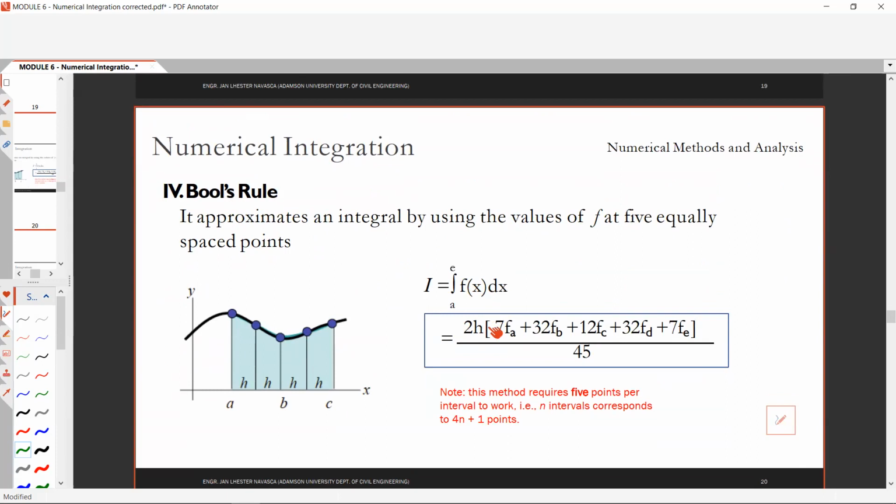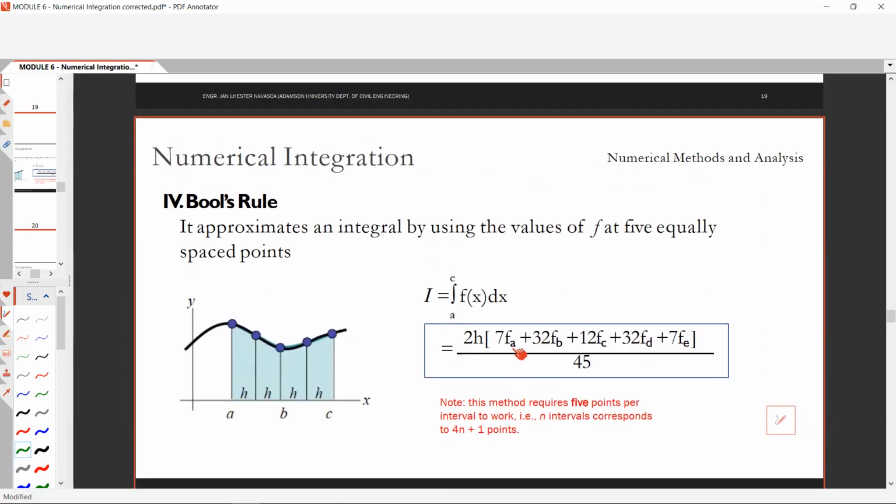The formula is given by 2h times 7 times FA plus 32FB plus 12FC plus 32FD plus 7FE, which is FA, FB, FC, FD, and FE, all over 45. So this method requires 5 points per interval to work. Therefore, the n interval corresponds to 4n plus 1.